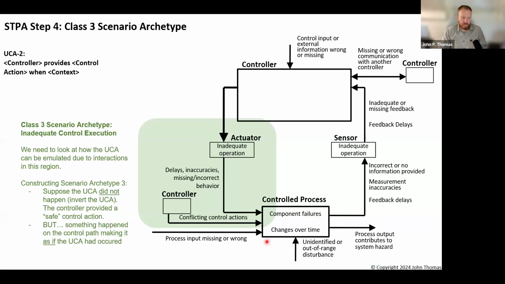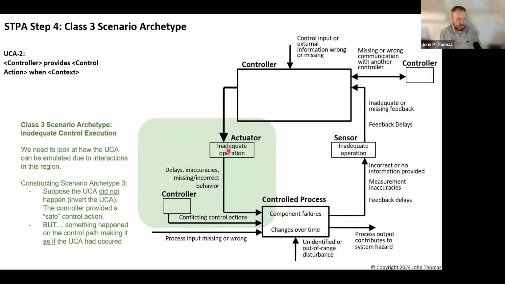How can that happen? Well, we're now going to study the control part of the control loop, and we're going to look at how the UCA could be emulated due to some interactions in the system, and they're highlighted on the screen. So a simple example would be maybe the actuator fails. That's real simple.